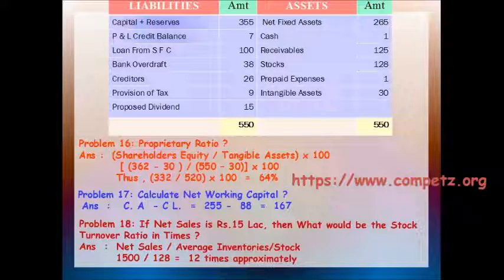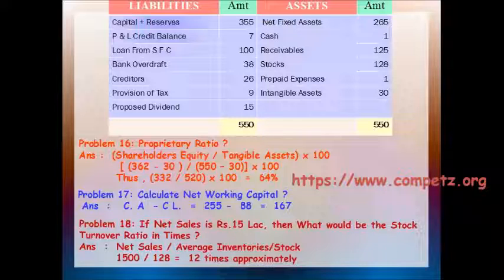I will just repeat it, friends, it's very important. Stock turnover ratio can be calculated as cost of goods sold, COGS, divided by average inventory. It indicates the velocity with which a stock has been turned over, ready as finished goods to be sold or replaced. Cost of goods sold can be derived as sales minus gross profit plus gross loss.